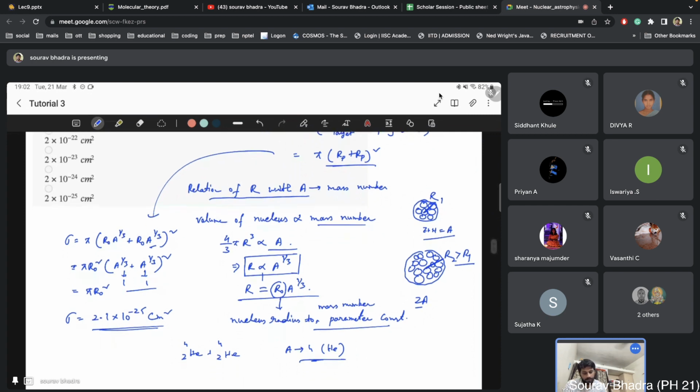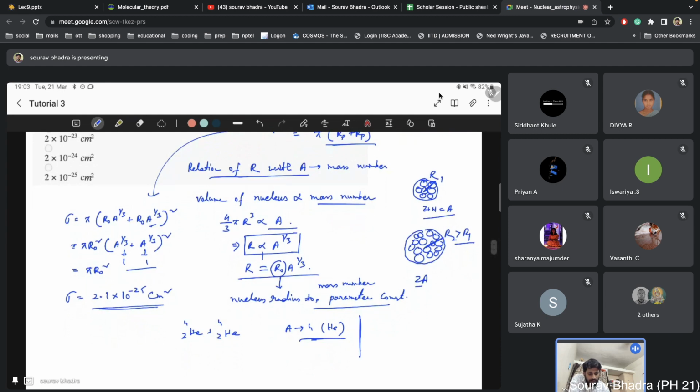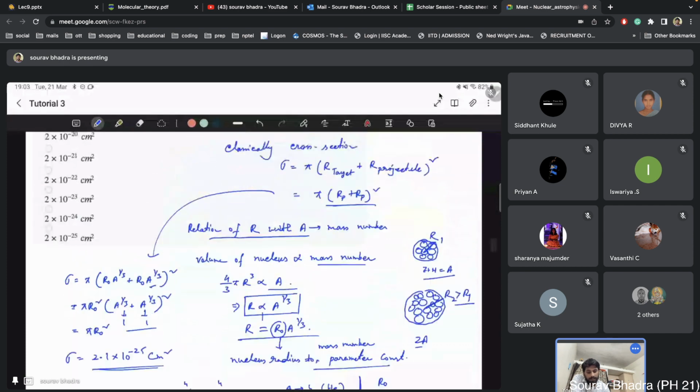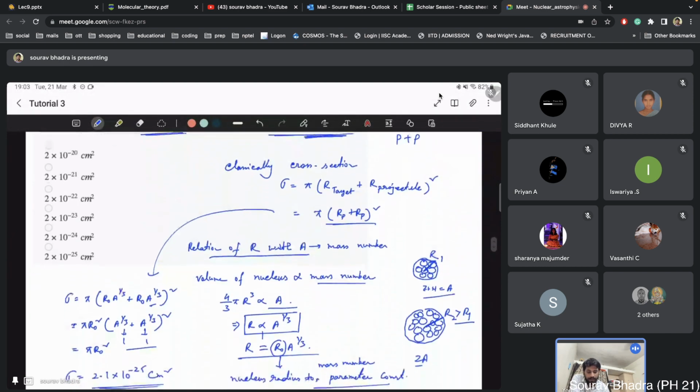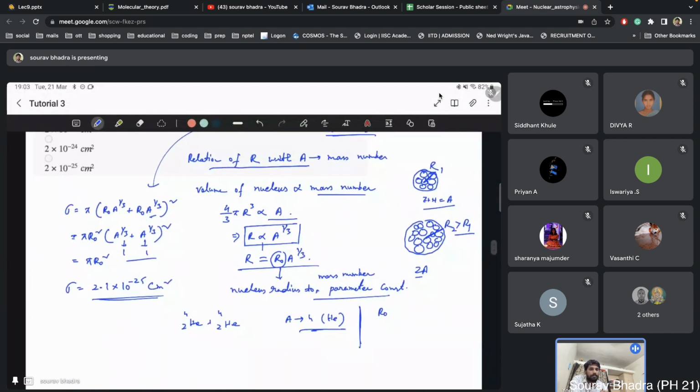Generally that r0 value is given. If it is not given here, it is taken as 1.3 times 10 to the power minus 15, but it is very important to remember, because in many questions you will find that the value is not given, and the examiner wants the student to remember this value.